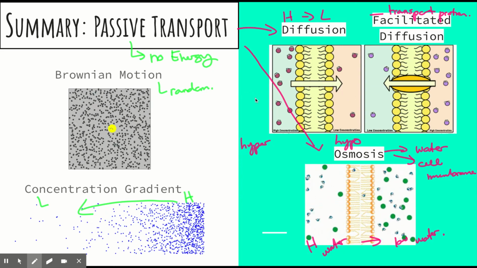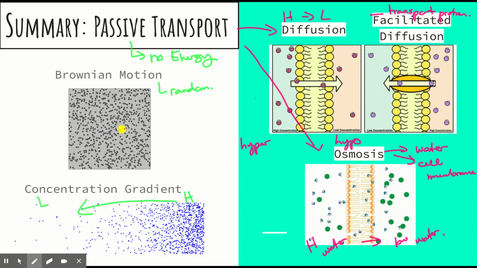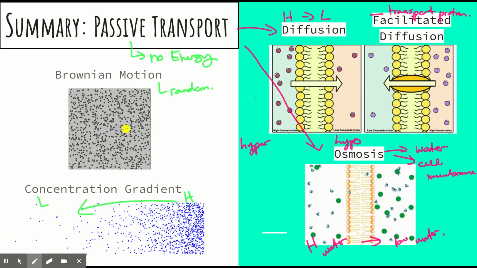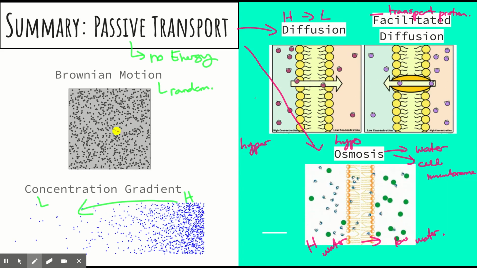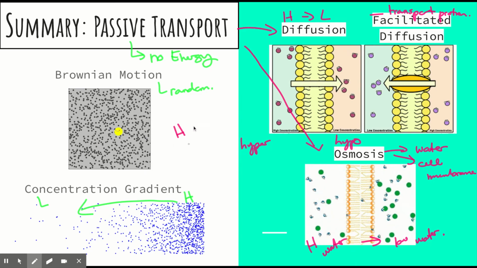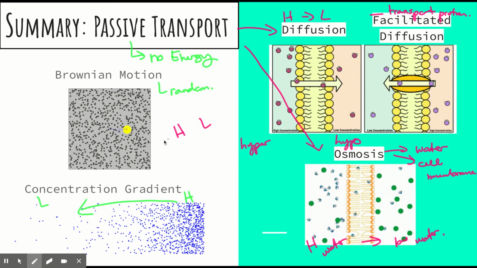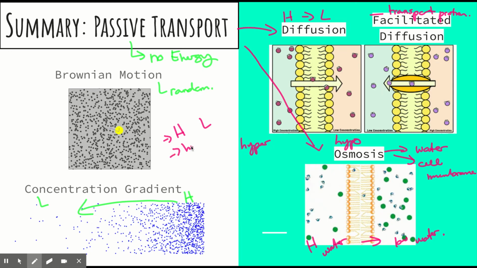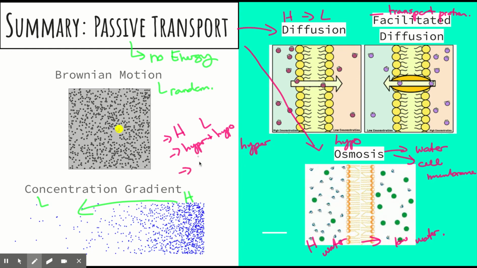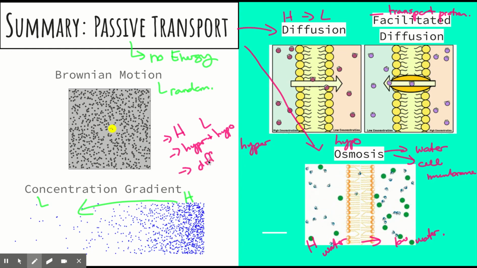So yeah, I threw a lot out there, but I am hoping at the end of this lesson you should be able to predict which way the particles are moving, and you do so by first identifying what areas have a high concentration and low concentration, identifying hyper and hypo, and then identifying whether it is through diffusion.